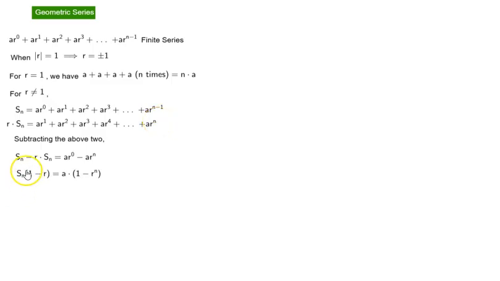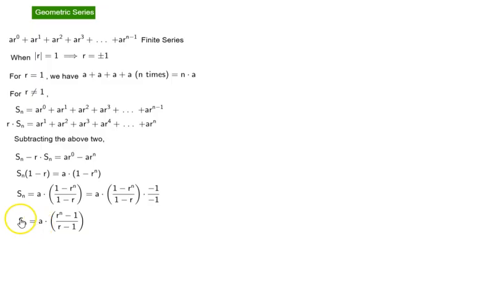Let's simplify that. We get S sub n times 1 minus R equal to A times 1 minus R to the power of n. So that we end up with S sub n is equal to A times 1 minus R to the power of n divided by 1 minus R. We can stick with this, or we can multiply both the denominator and the numerator with minus 1 and get S sub n is equal to A times R to the power of n minus 1 by R minus 1.